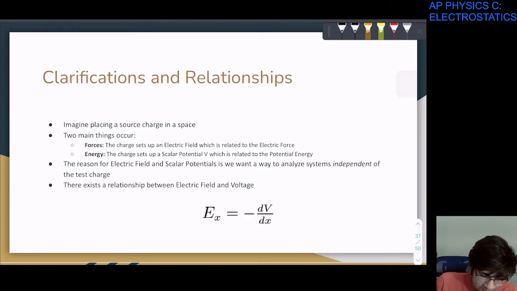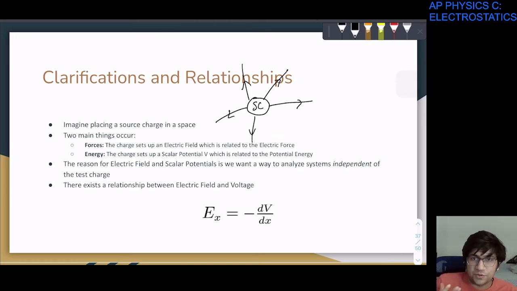Okay, so we'll do a few more clarifications. Imagine placing a source charge in space. Now, there's two things that will occur. One is that this charge sets up an electric field, and this is related to the electric force.